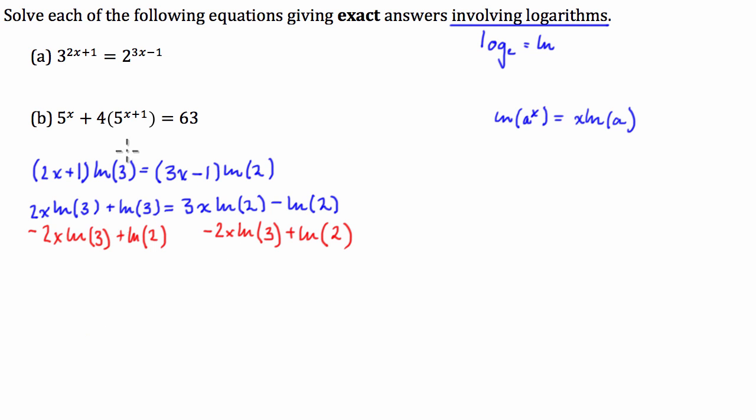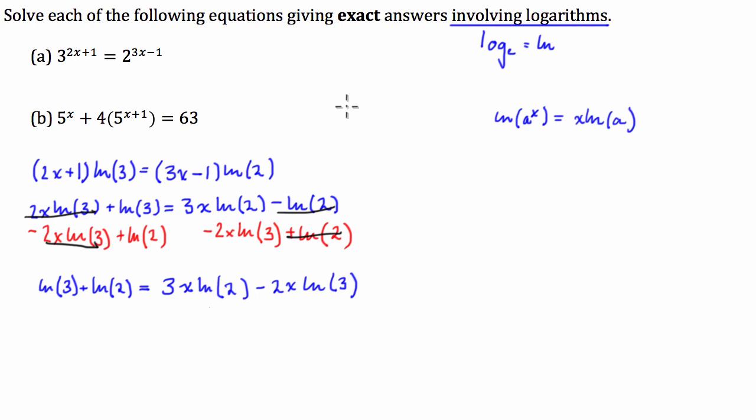Basically what that does, obviously we do it to move the things. So these will cancel, and then what we have remaining is ln of 3 plus ln of 2 equals 3x ln 2 subtract 2x ln 3.